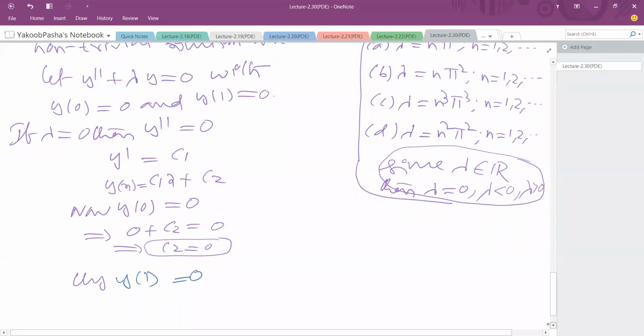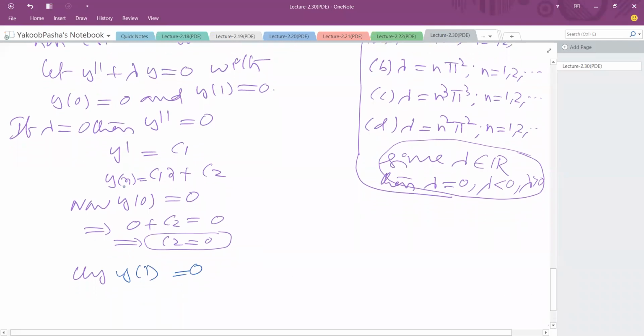Here in this case, we apply x equal to 1 and y equal to 0, so we get c1 into 1 plus c2 is equal to 0.